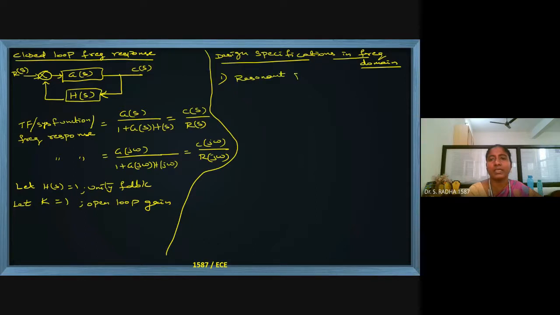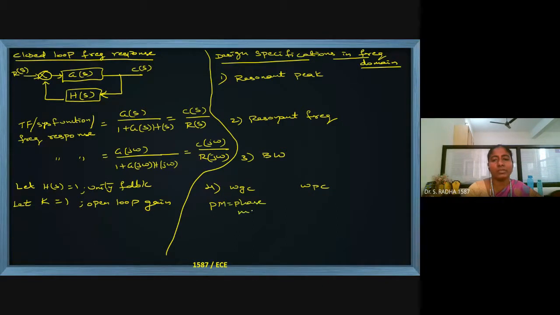resonant peak, second one resonant frequency, next third is bandwidth, next fourth one omega GC, omega PC. At omega PC we calculate gain margin; at omega GC we calculate phase margin.